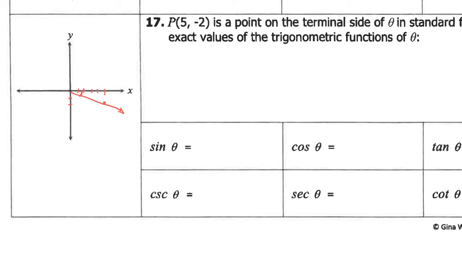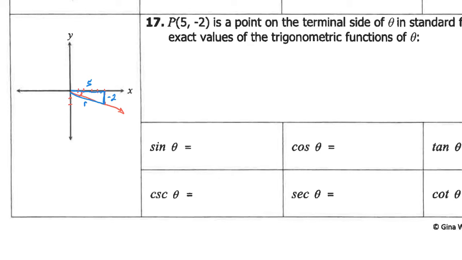So then let's think about this as being, change colors here, a right triangle. Right there. So then what would the x distance be? Well, we went to the right 5, right? So that x distance would be 5, and the y distance we went down 2, so that's going to be negative 2 for the y.